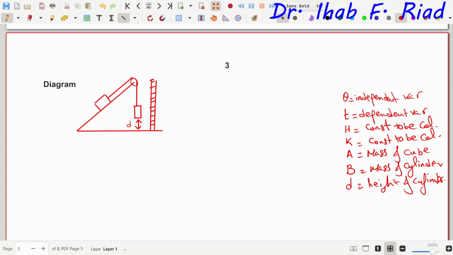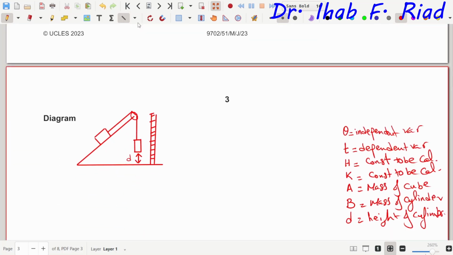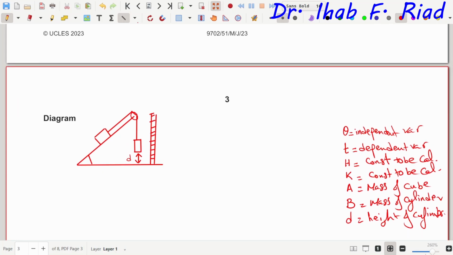Okay, to measure the height D. Now remember that as the scenario goes, the height D is also constant. What we are going to vary is the angle theta. We are going to vary the angle theta, adjust the height of the cylinder to always be D. We are going to use the meter ruler to make a mark somehow over here.